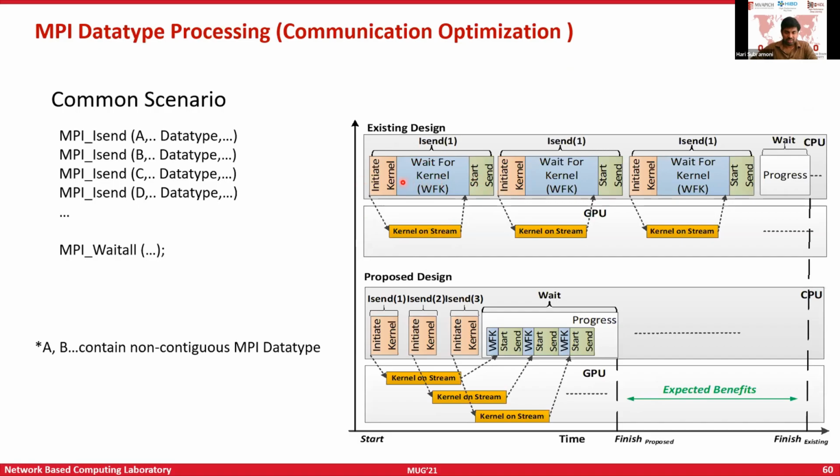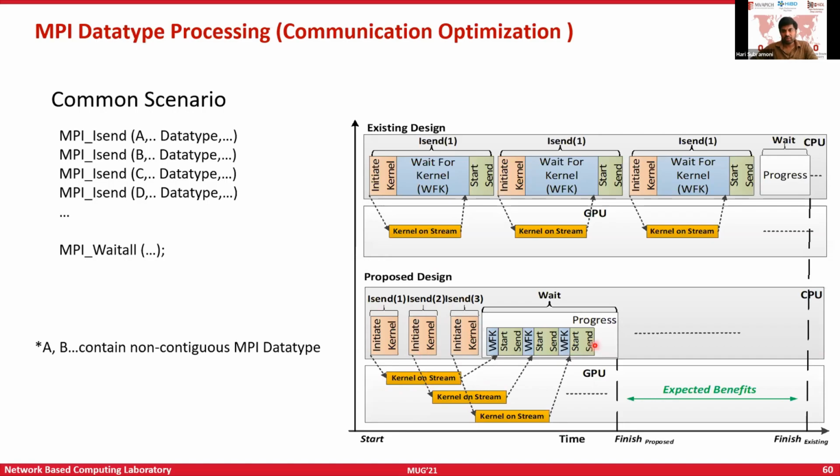So there is a huge wait time here, which is more or less being wasted. What we tried to do was to use non-blocking kernels, and multiple of them, so that we can initiate multiple ISENDs at the same time, thereby overlapping the kernel processing time with the launch time of the other kernels.